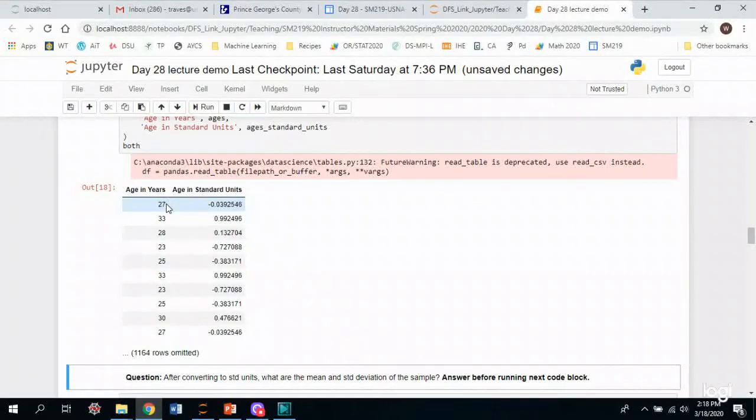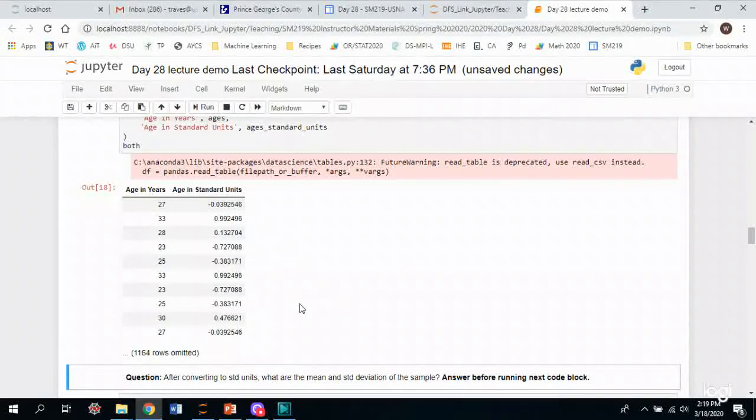You can see that 27, a mother with age 27 in years, has very small negative standard units. That tells you that 27 lies close to but below the average age of all mothers. On the other hand, a number like 30 lies above the average, and you can see that here because the age in standard units is positive.